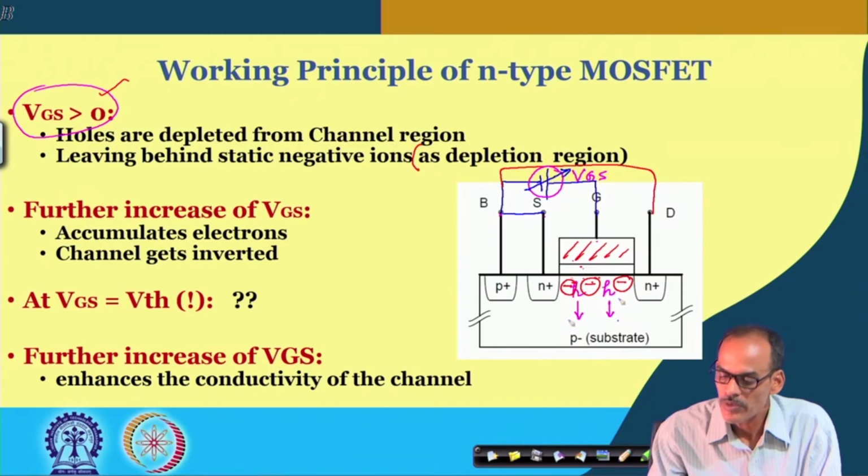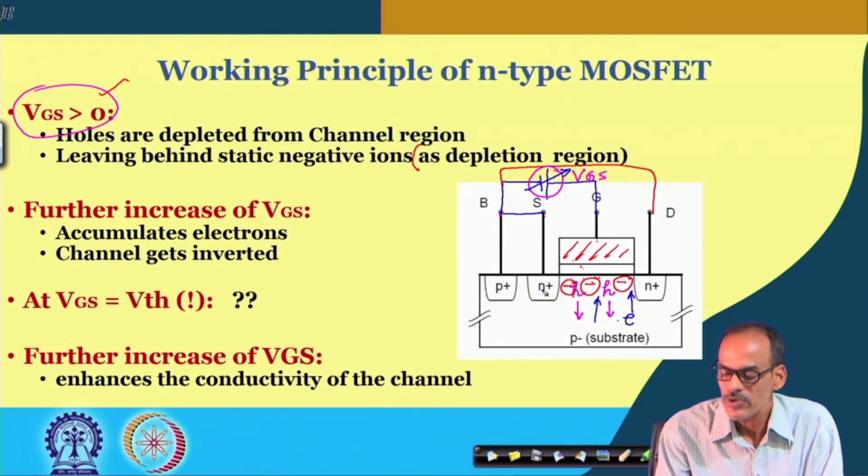And then from the substrate region, the electrons, though they are minority, get attracted. In case you have this n plus region, in fact, most of these electrons may be supplied from this region and this region. So, as a result, in the channel region, we do have a thin layer of electrons.